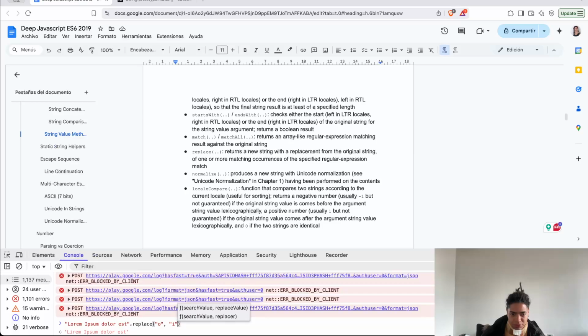That's interesting. Again, when you pass in a string, it only replaces the first one. Only the first one is replaced.